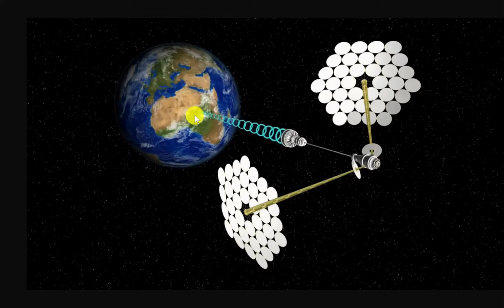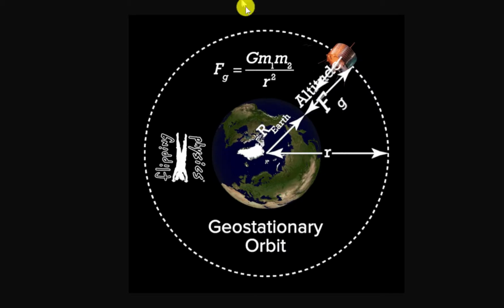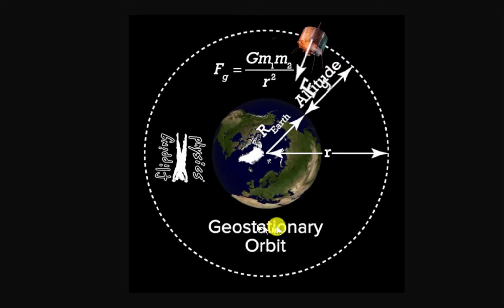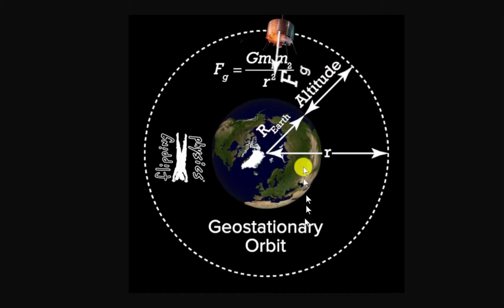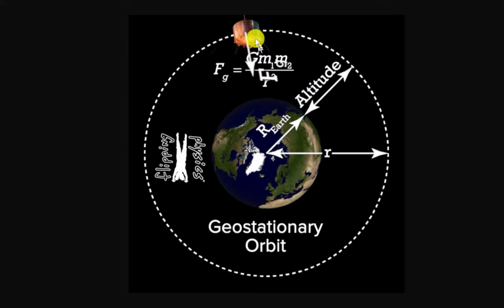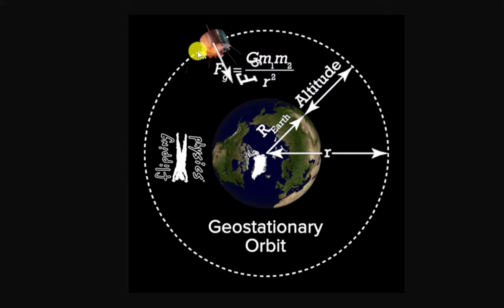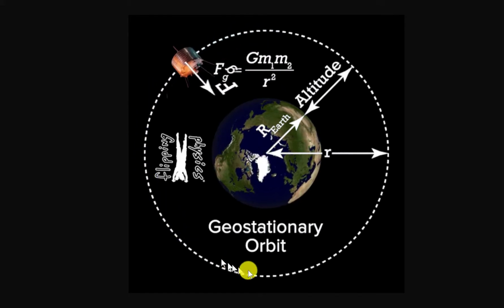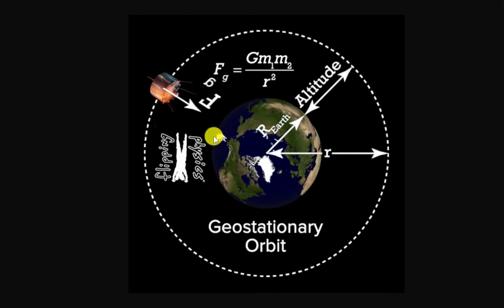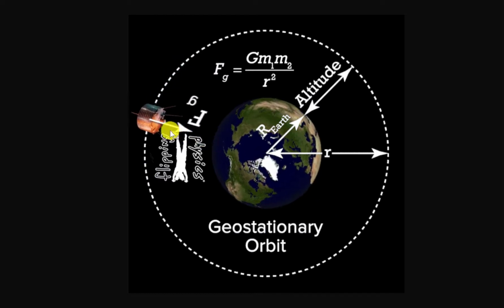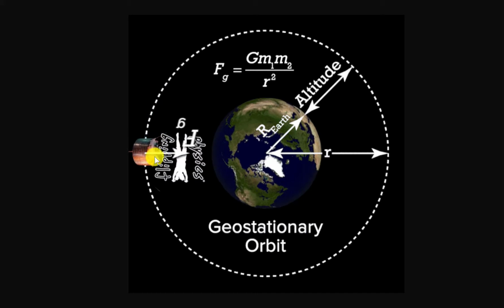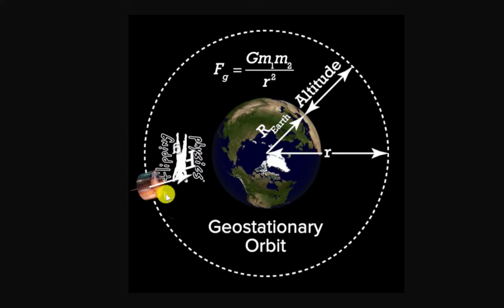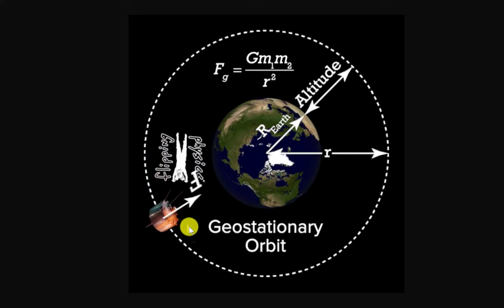If the Earth is spinning, then what we really want is what we call a geostationary orbit. We want this satellite to go around the Earth, and for the person on the Earth to be looking up and always seeing the same satellite in the same place.